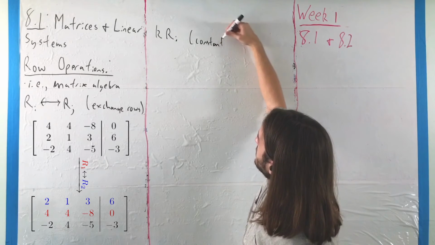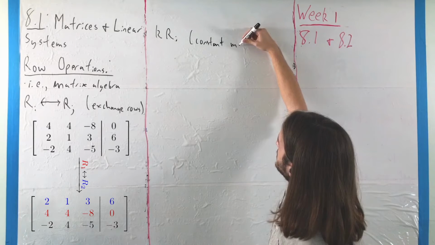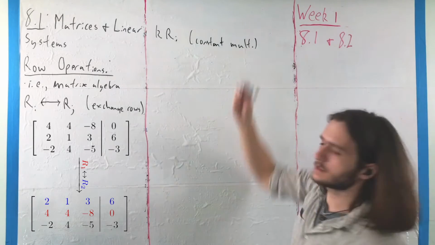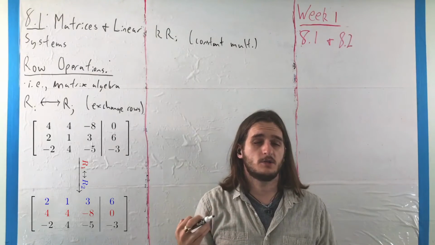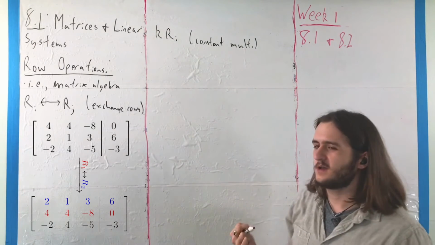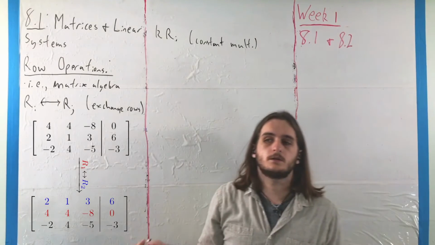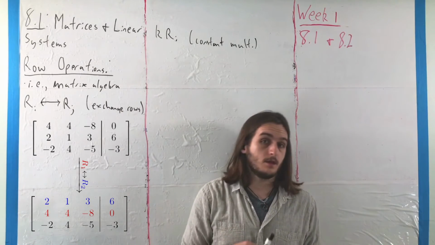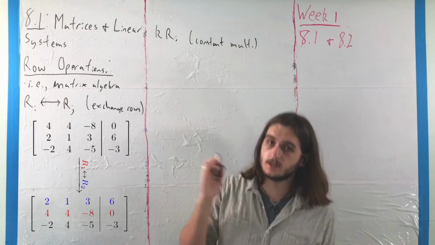And the way that constant multiplication works for matrices is essentially an abstractification, feels like a word, might not be a word, of the distributive property. Because if you have some equation and you want to multiply a value in through the equation, you've got to multiply every single term one by one. Works the exact same way here.